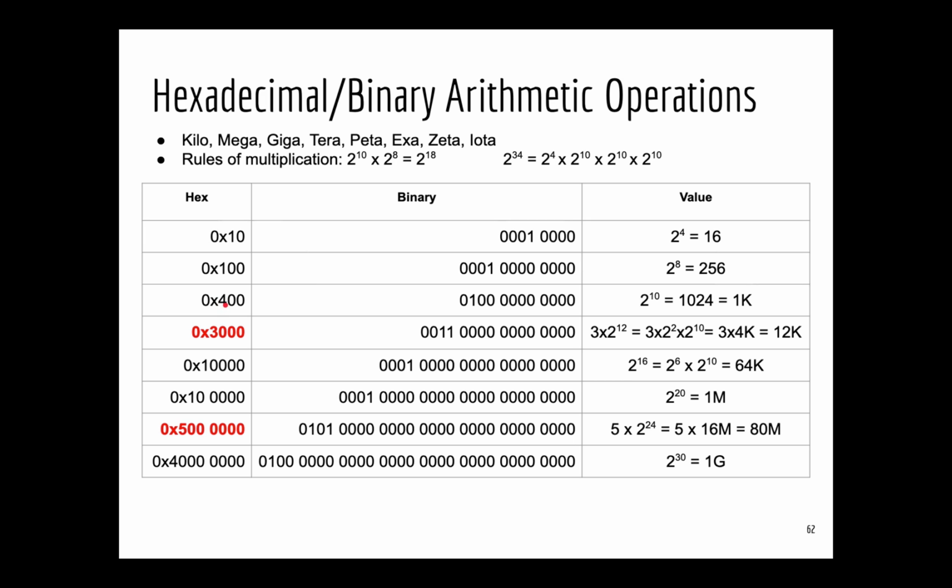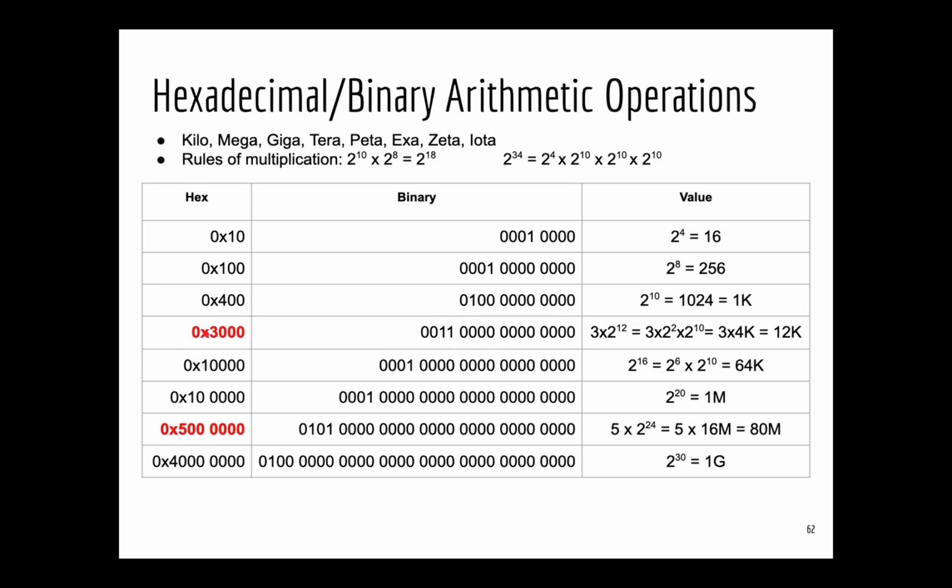Again, if you convert this to binary, the leftmost 4 translates to 0100 followed by 8 zeros. But now if you look at the number of trailing zeros, we have 10 of them. That's why the value of this number is 2 to the power of 10. But 2 to the 10 is a special unit, which is a kilo, 1 kilo. So I can now replace that number with 1k.